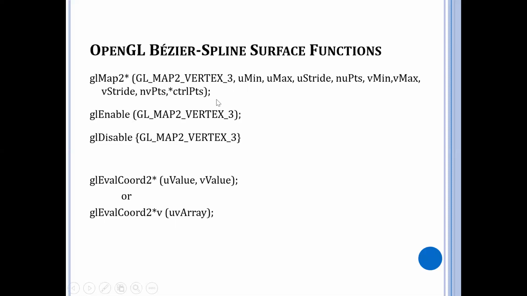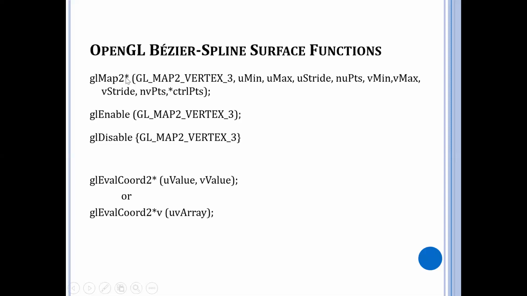That means if I have to make use of this function, I will have to enable it, and after making use of it, I will have to disable it. So looking at it, we have the glMap2 for the generation of the spline surface.